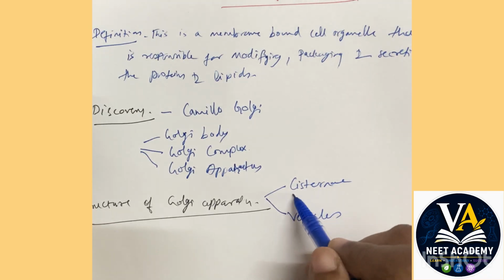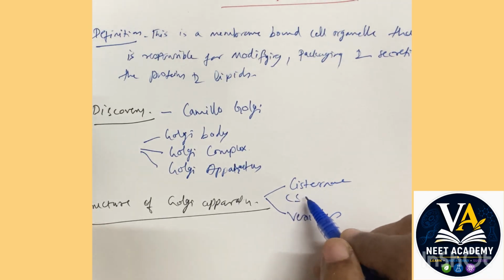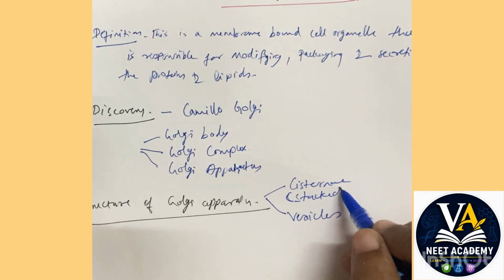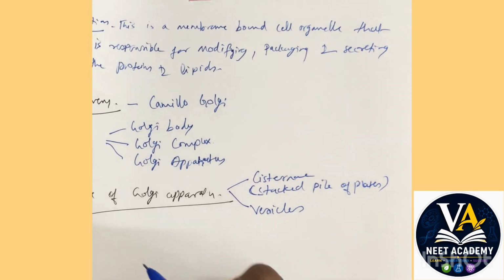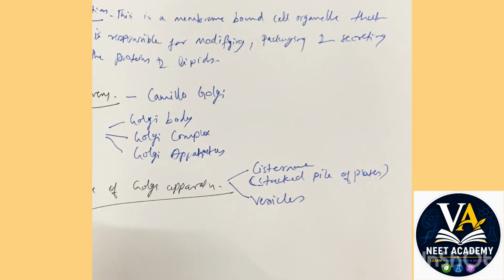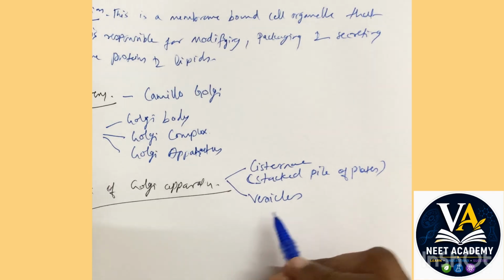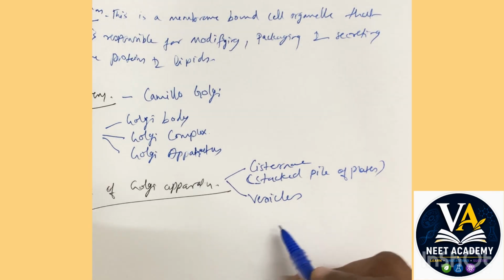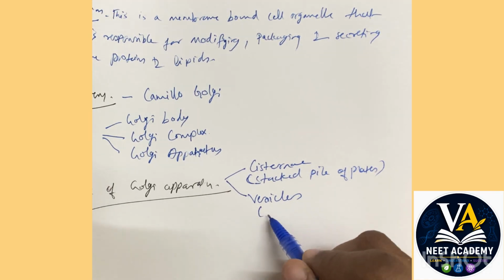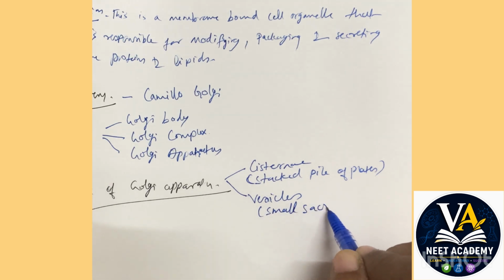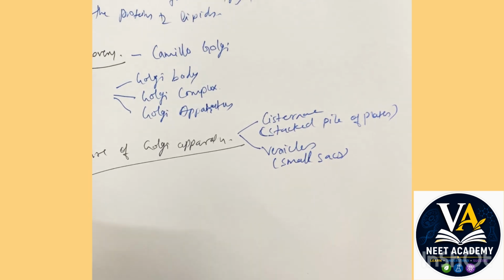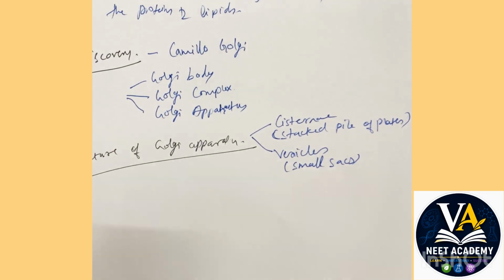Cisternae is nothing but you can say a stacked pile of plates. So it looks like a stacked pile of plates. That is called cisternae. Okay. So vesicles are nothing but small sacs, small sacs which carry the modified and packed proteins.